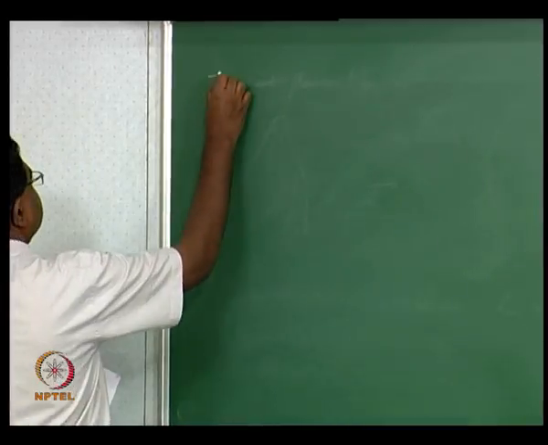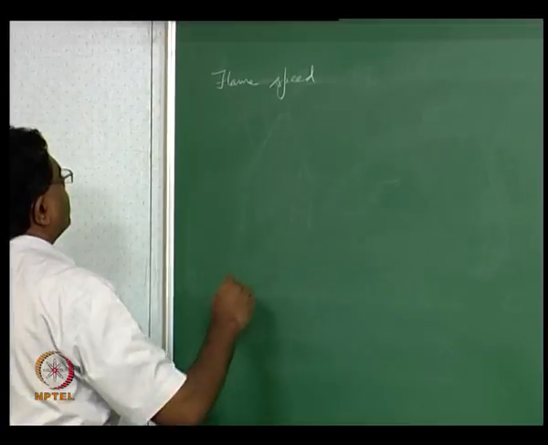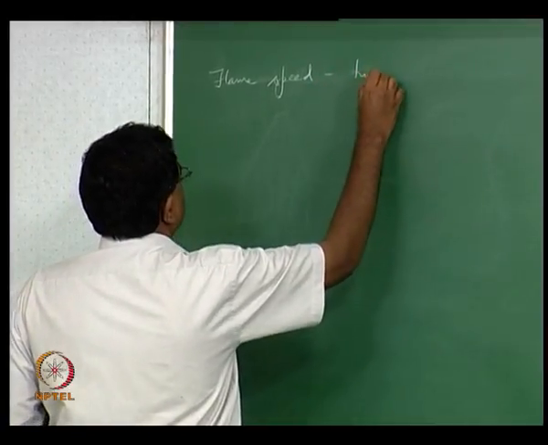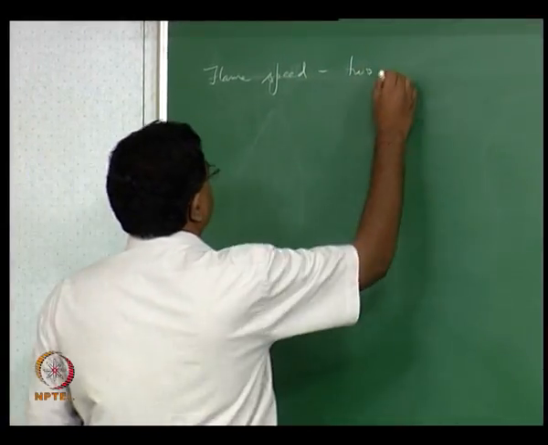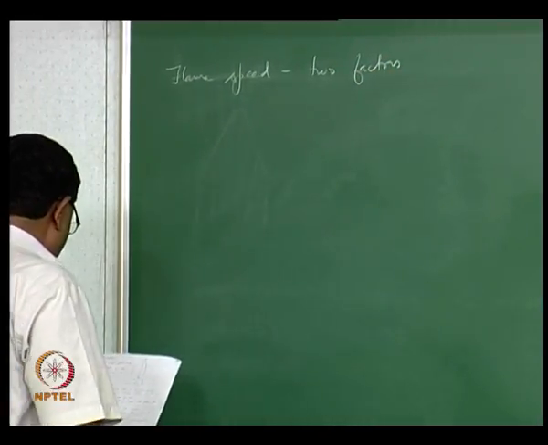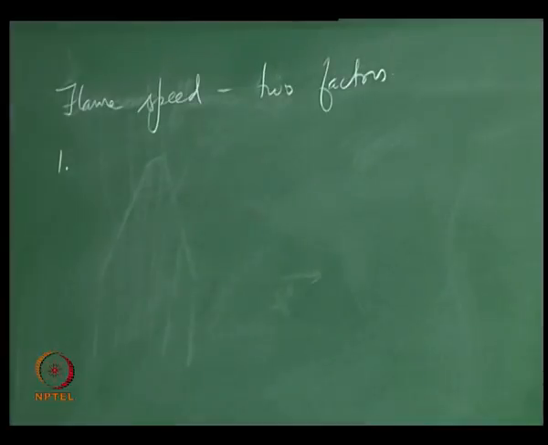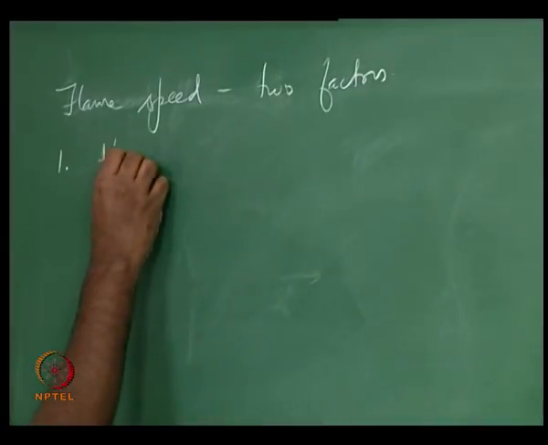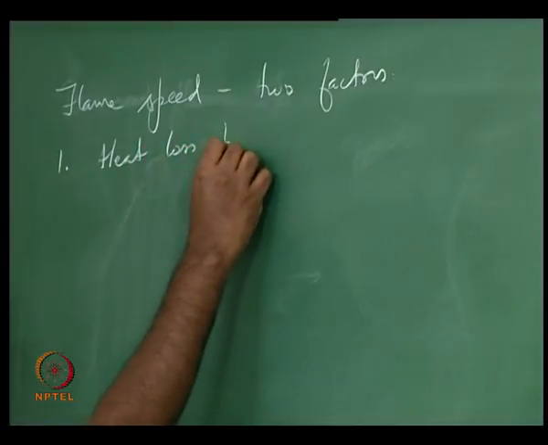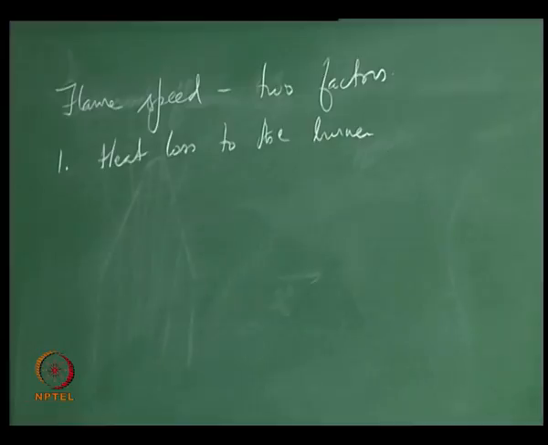So how does the flame speed behave? There are two factors, in fact two contravening factors that we have to think about. One, first and foremost, is the heat loss to the burner.